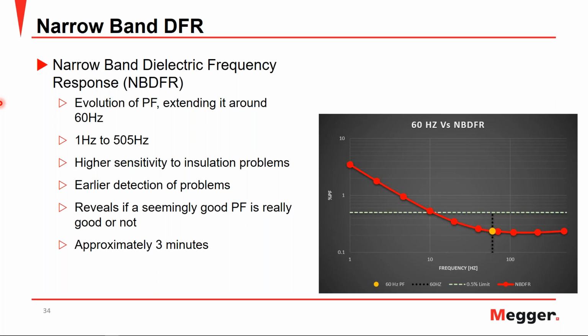Our 60 hertz value is 0.2, but our 1 hertz value, you can see significantly more sensitivity, and is at 3. So this gives you a little bit more insight into the full condition of the insulation by not only having your 60 hertz value, but also having the higher sensitivity of the 1 hertz that allows you to determine whether or not there's need for action based on the power factor or your narrowband dielectric frequency response measurement.